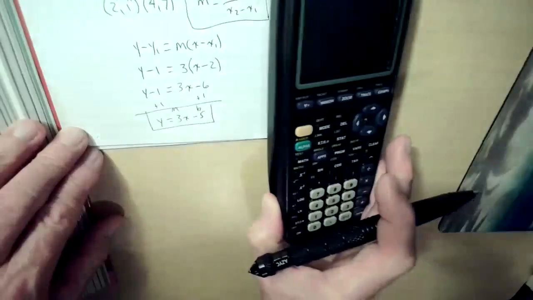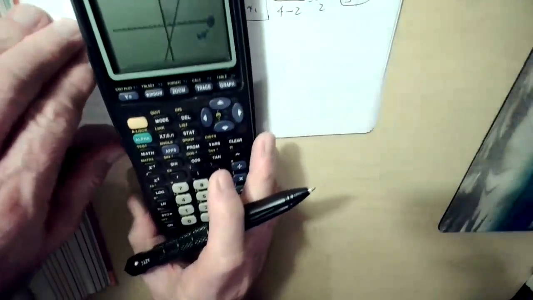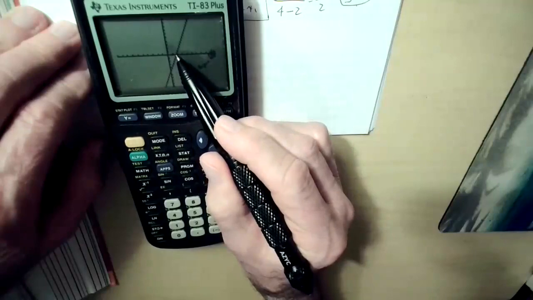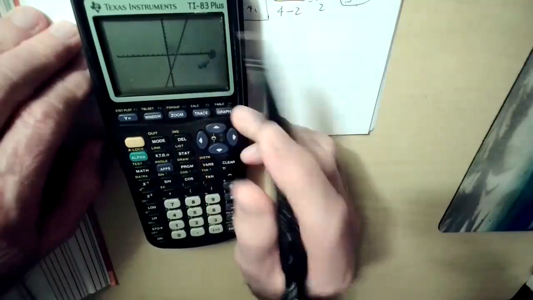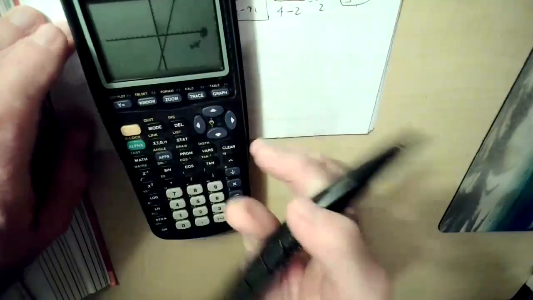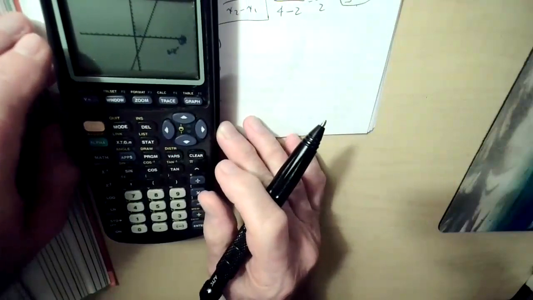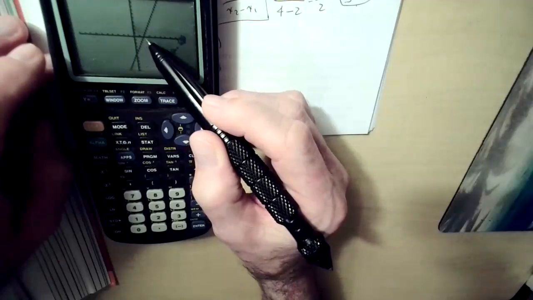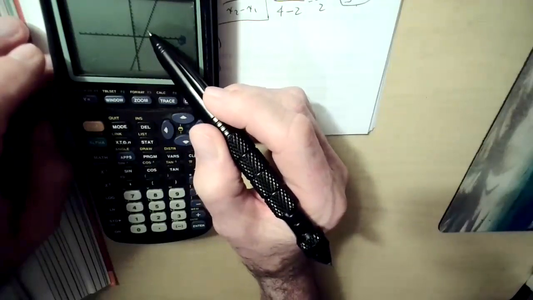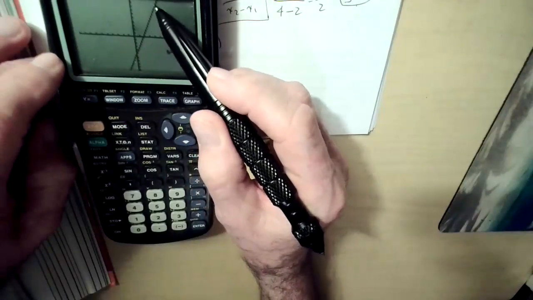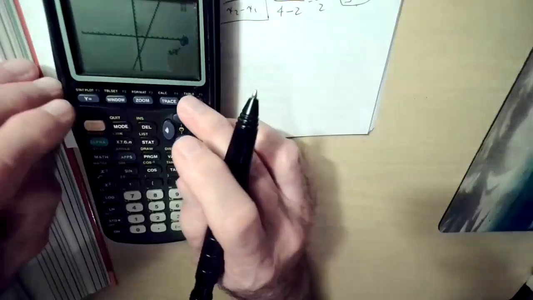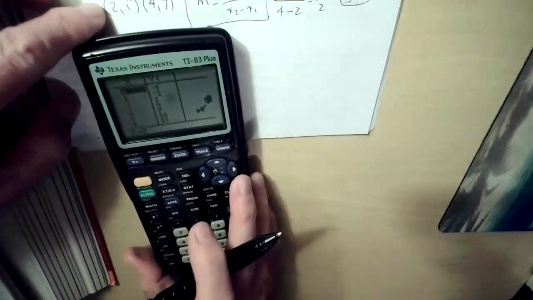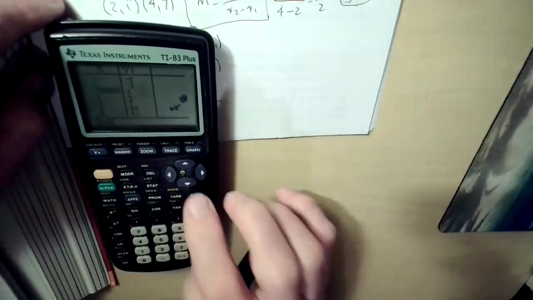Did it go through the point 2, 1? Yes. And did it go through 4, 7? 1, 2, 3, 4, and 1, 2, 3, 4, 5, 6, 7. So yes, it did.